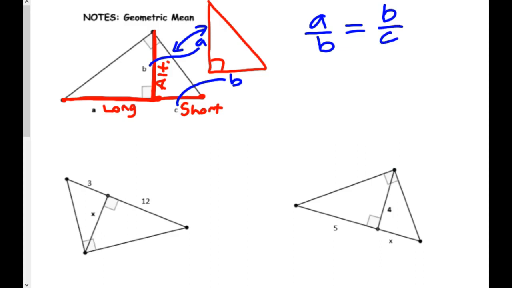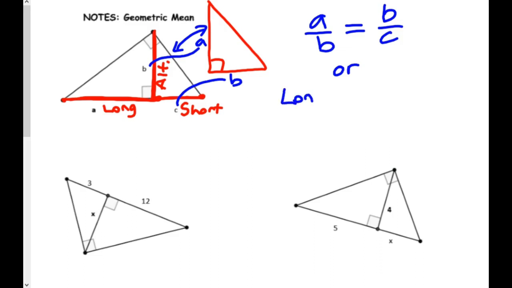Or another way to think about it, if you're not going to see A, B, and C on there, okay? But you are going to see a long, an altitude, and a short, okay? On any of those triangles, you can tell which one's long, which one's short, which one's the altitude, right? So here's the other way to think about it.